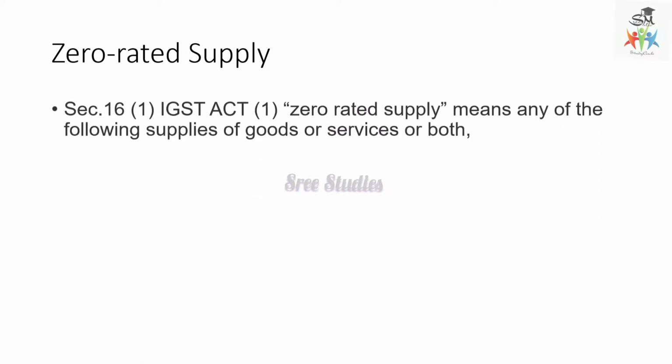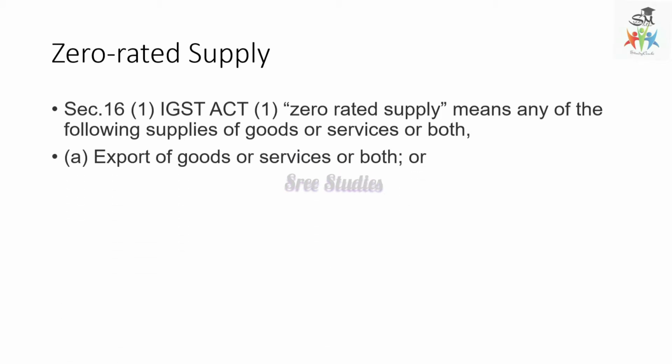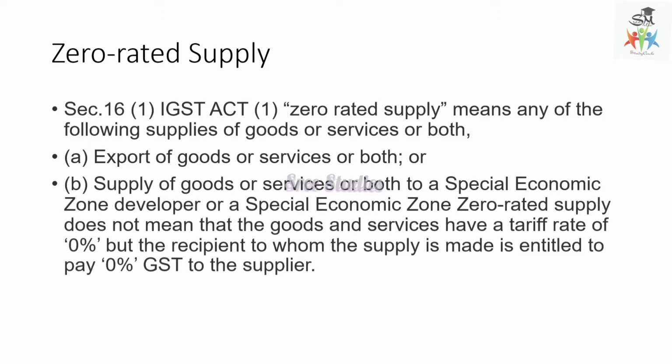So what is zero rated supply? We want to know it, right? Under Section 16(1) of the IGST Act, zero rated supply means any of the following supplies of goods or services or both: export of goods or services or both, and the supply of goods or services or both to a special economic zone developer or special economic zone unit.